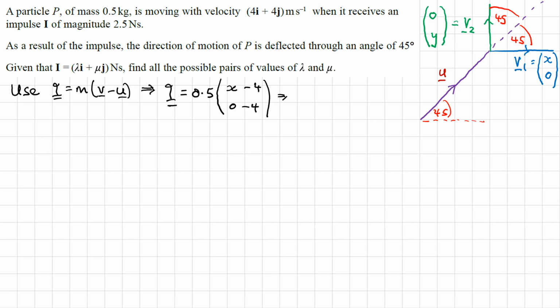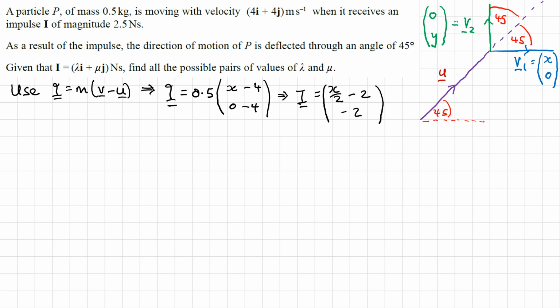So that will give me an impulse of (x minus 4) over 2. So that becomes x over 2 minus 2 for the i part. And then for the j part, 0 minus 4 is minus 4, and then half of that is negative 2.